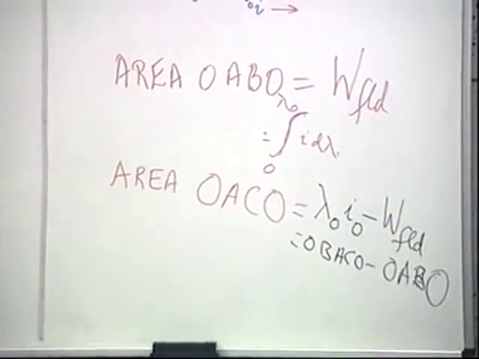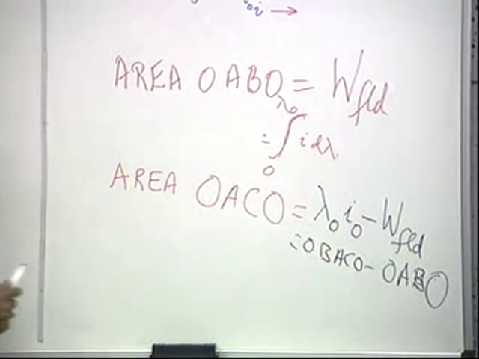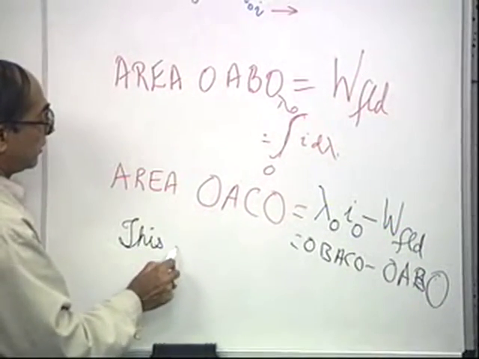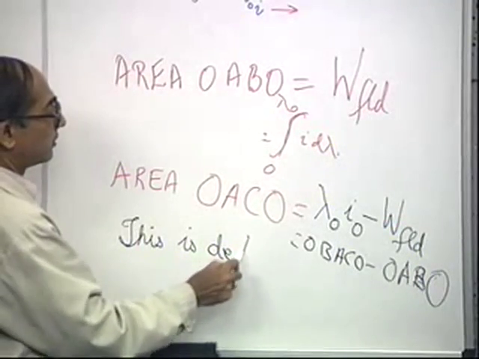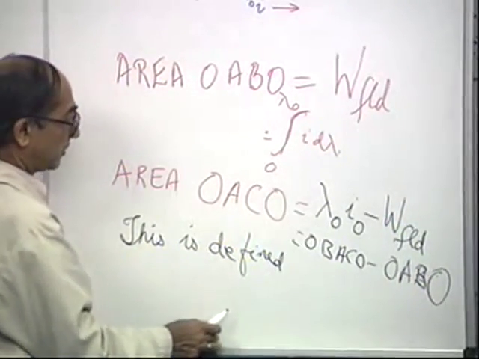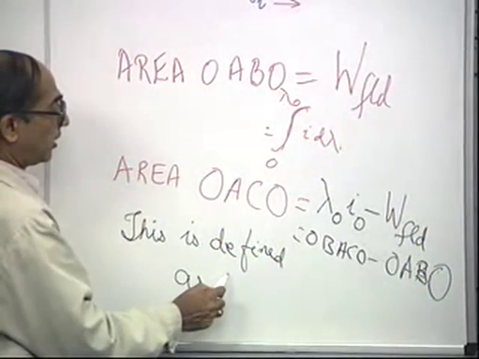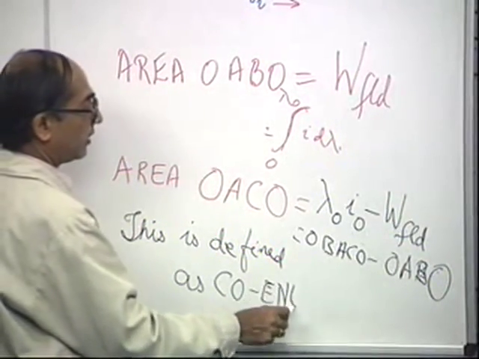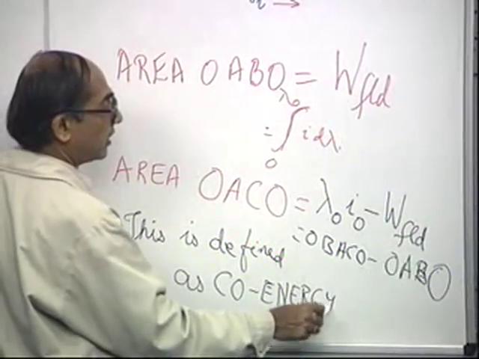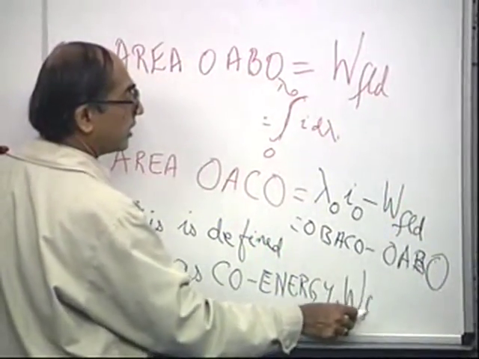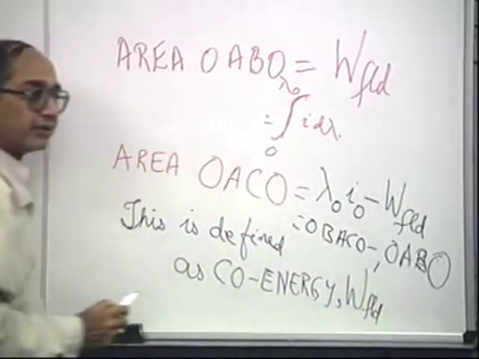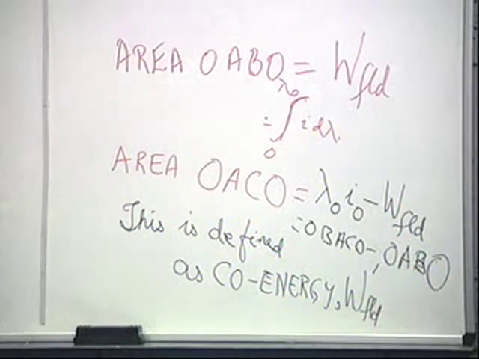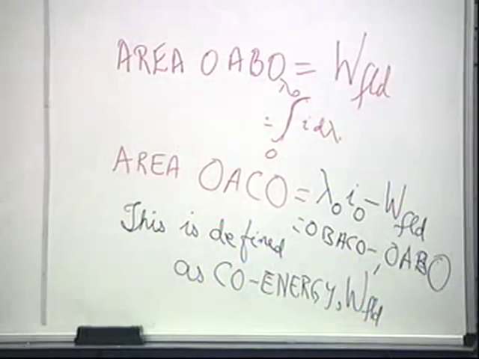This area is defined just for our convenience as co-energy. It is mostly a mathematical expression, and it is generally indicated as W field prime. W field dash is called the co-energy.